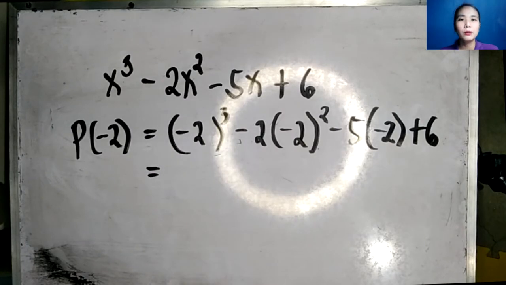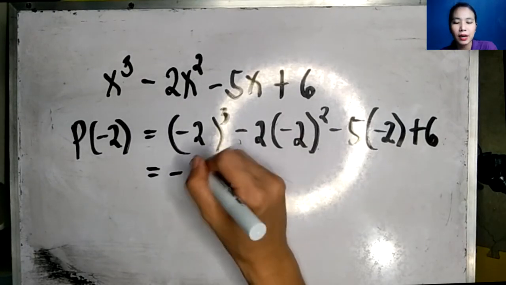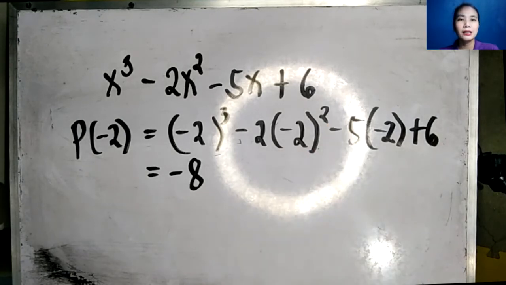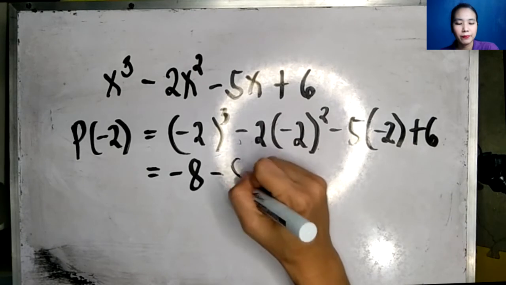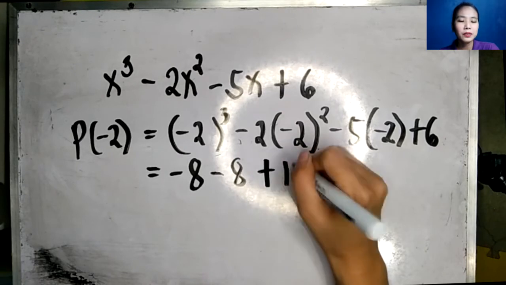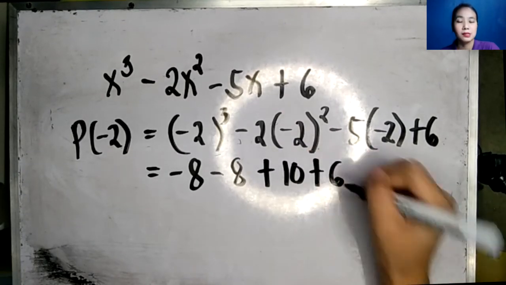So 2 cubed will be equal to 8. So negative 8. And then negative 2, ni-raise natin sa even power ay magiging positive. So we have negative 2 squared ay positive 4 times negative 2 is negative 8. And then negative 5 times negative 2 is equal to positive 10 plus 6.